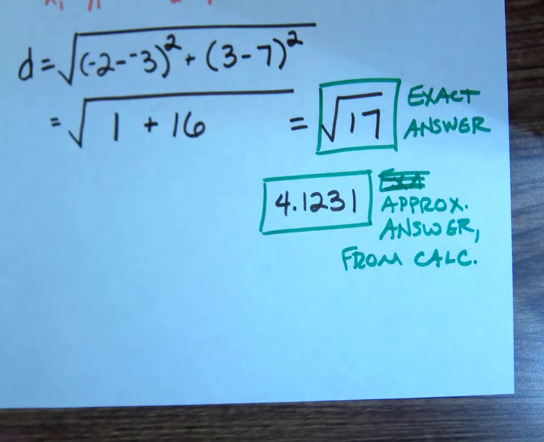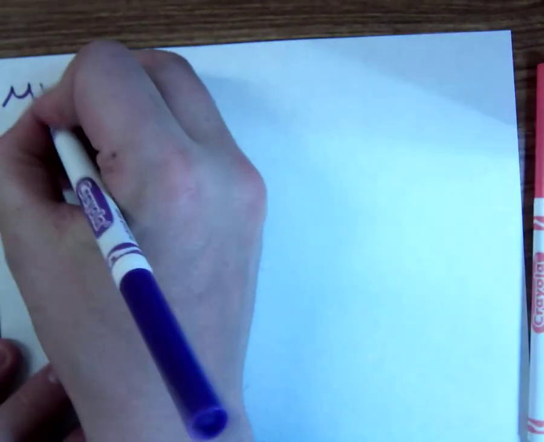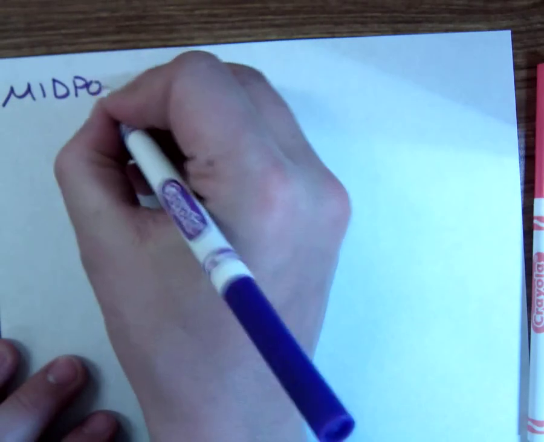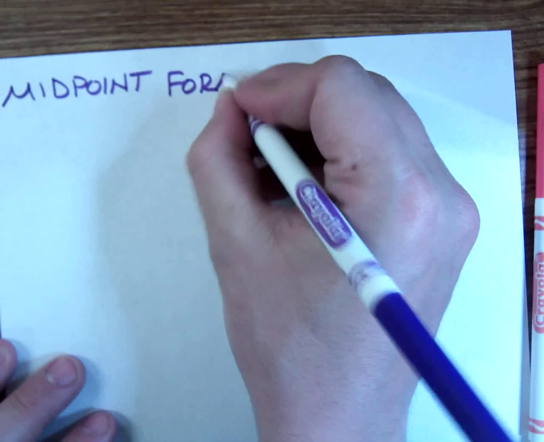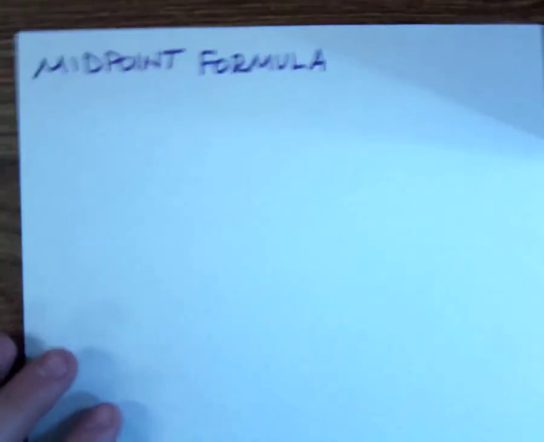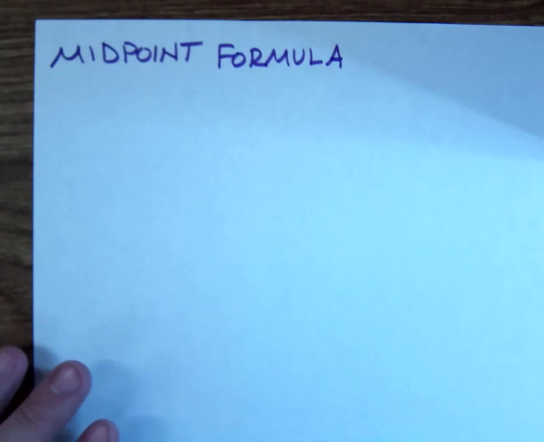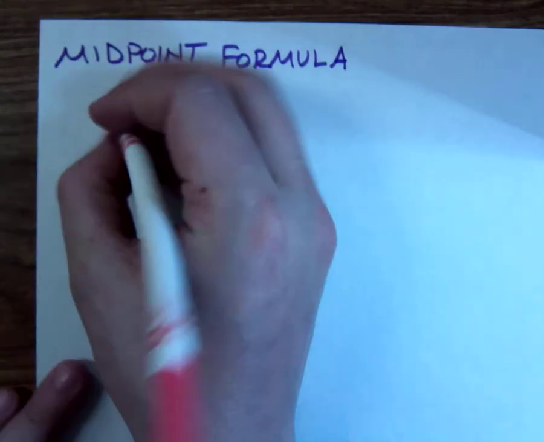The second and final formula, final thing we will learn in class this evening, is called the midpoint formula. Now the midpoint formula does not use square roots. In fact, this formula is quite a bit simpler than the distance formula. The reason you're learning it is because the midpoint and distance formula go together a lot. The midpoint formula, you also get 2 coordinates.